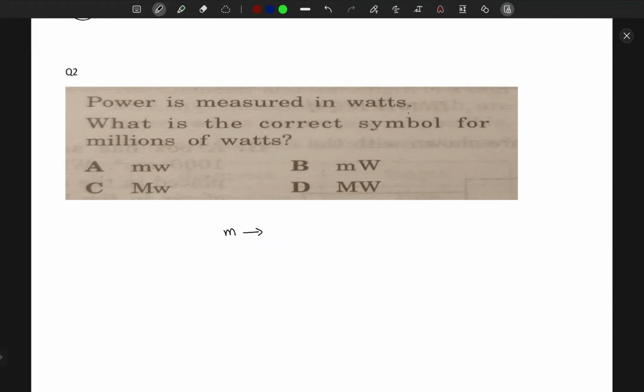This one is for milli, the small m. Yeah, it's milli, right? And what is milli? In factors, it is 10 raised to power minus 3, which is 0.001. So that's milli. Now they're talking about millions of watts. So million is 10 raised to power 6, right?